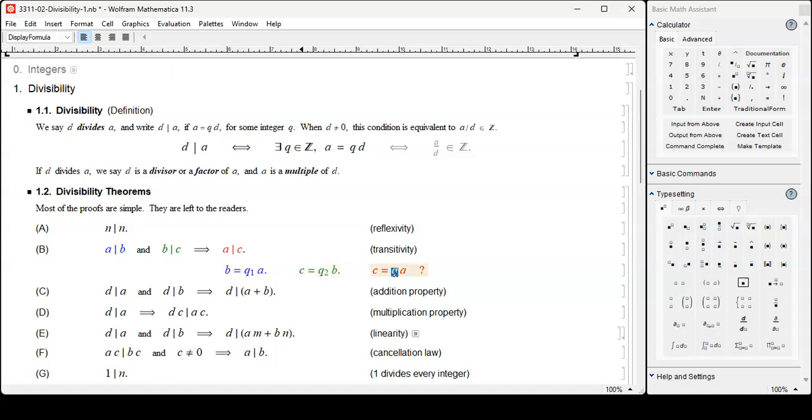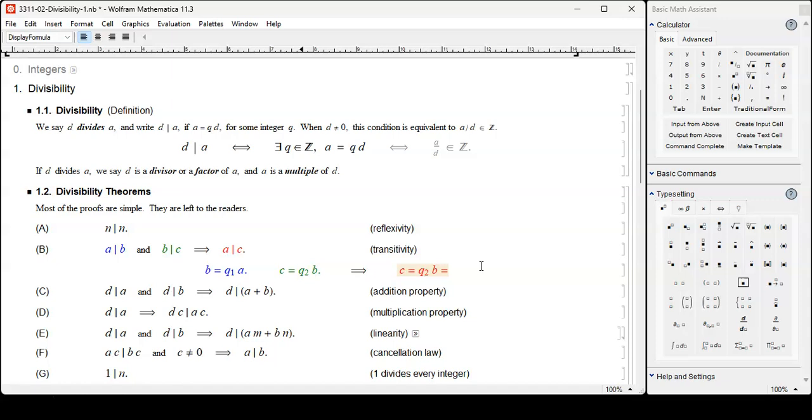And then here, of course, some integer times A, that's what you want. So how do you get this using these two? Well, C is q2 times B, and no question about that, that is true. But then again, what is B?